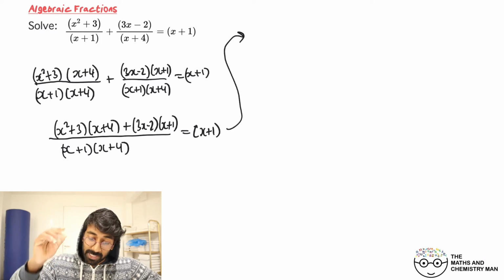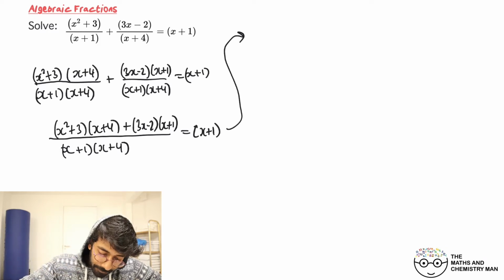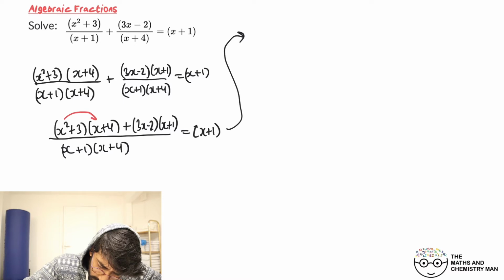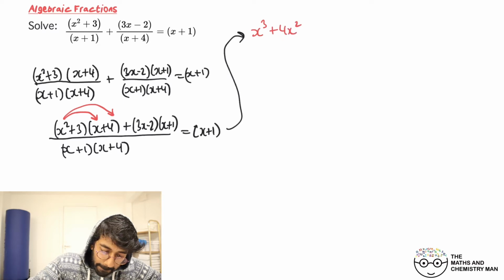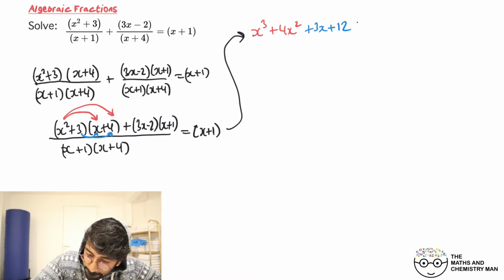We're going to need to do some expanding in the top. So over here, we'll do x squared times x and x squared times 4. So that's x cubed plus 4x squared. And then let's switch colors here real quickly. We'll do 3 times x and 3 times 4, so plus 3x plus 12. Add sign in the middle.